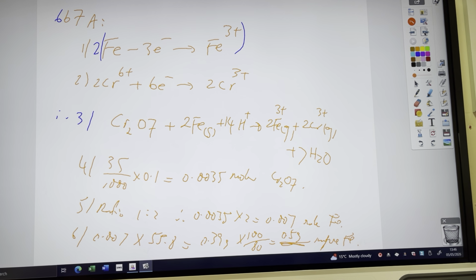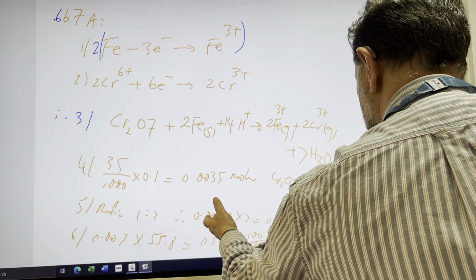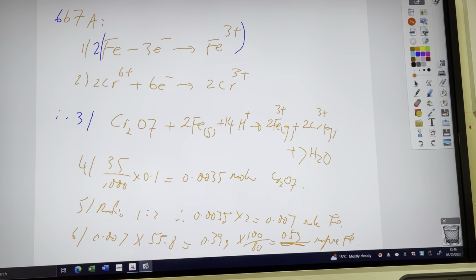Every 1 mole of dichromate reacts with 2 moles of iron. So we know how many moles of dichromate we have used. The ratio is 1 to 2, therefore you multiply it by 2. This is the number of moles of iron that we must have used. You simply multiply that by the MR of iron.